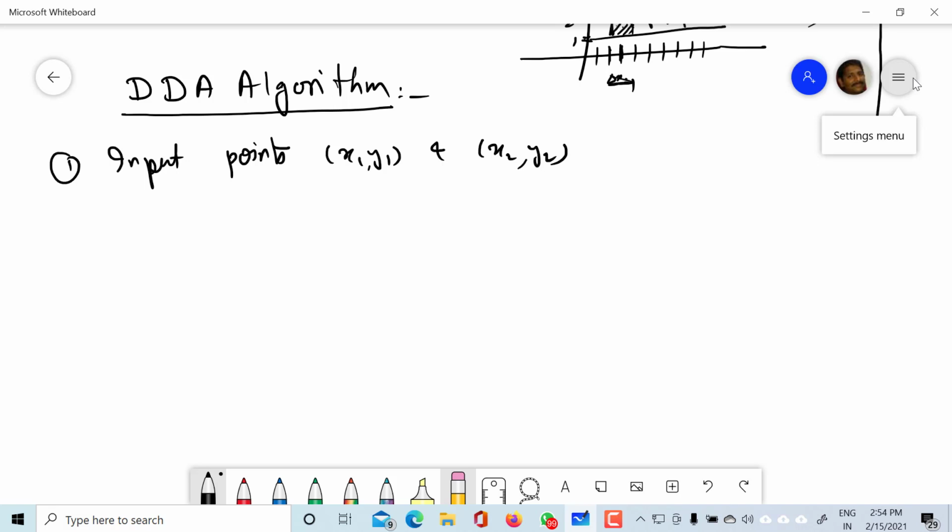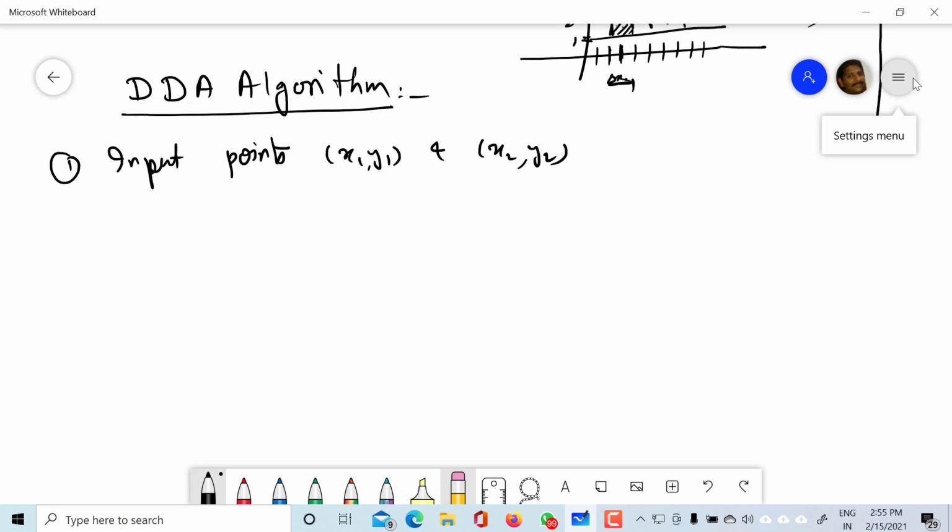If you want to draw a line, then you have to know at least 2 points. If you want to draw a triangle, in that case you need 3 points. If you want to draw a line, you need 2 points. If you want to draw a plane, in that case you need at least 3 points.